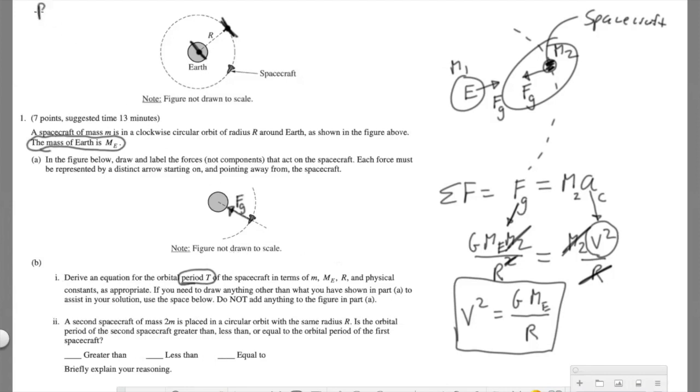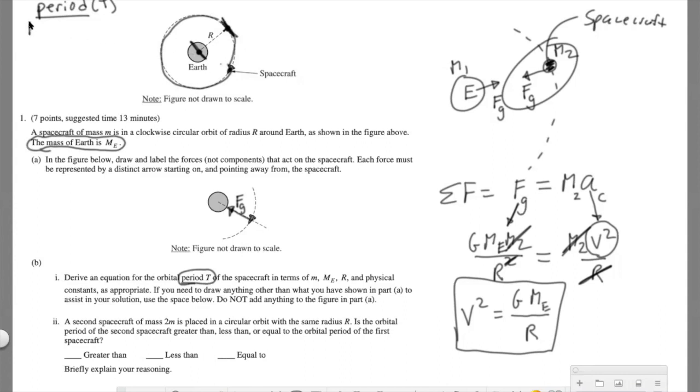So what are the situations that involve period? Again, period is the time for one complete cycle, which in this case, the cycle is the spacecraft orbiting the Earth.